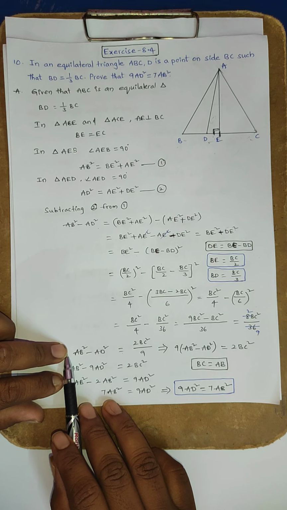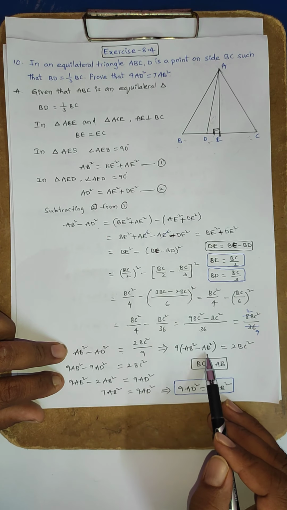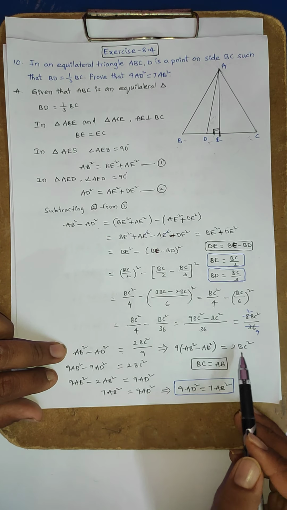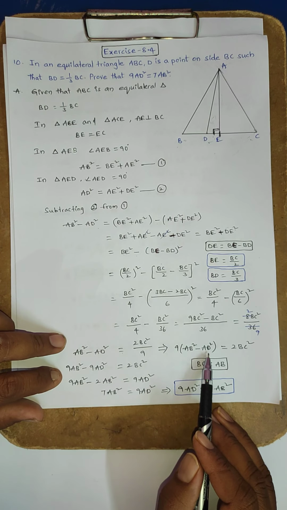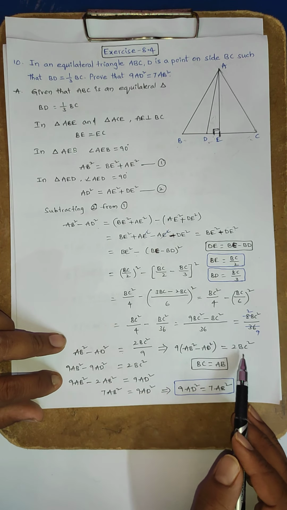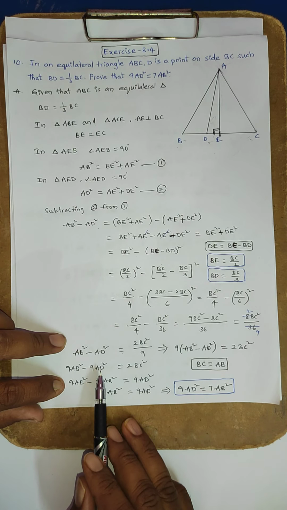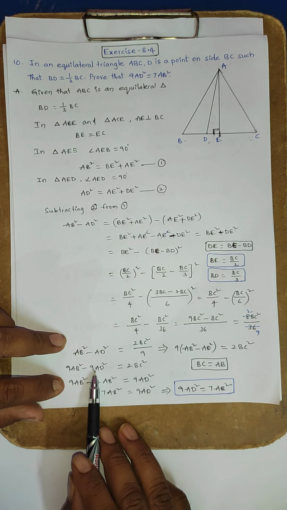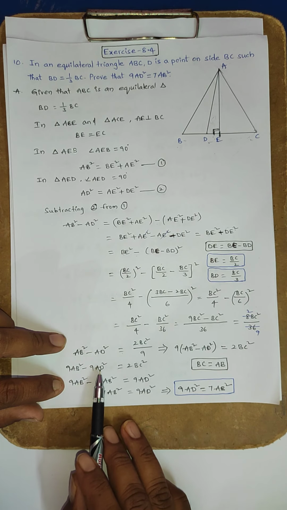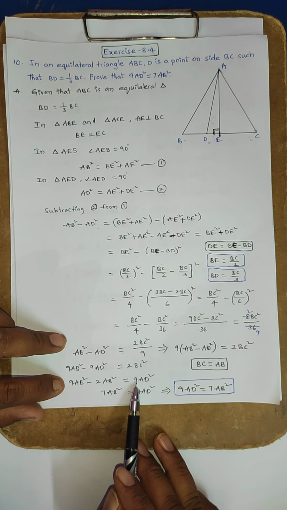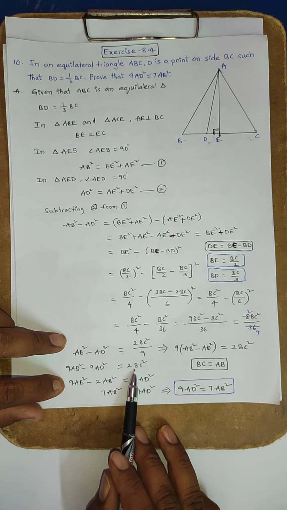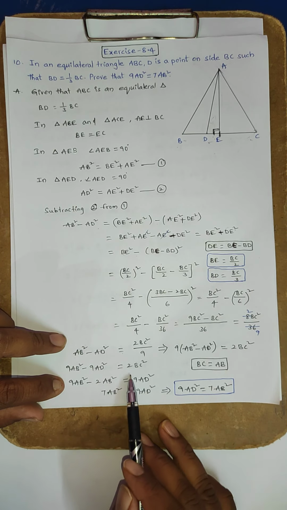Send this 9 to that side. 9 AB square minus 9 AD square is equal to 2 BC square. Send this 9 AD square to that side, and 2 BC square to this side.